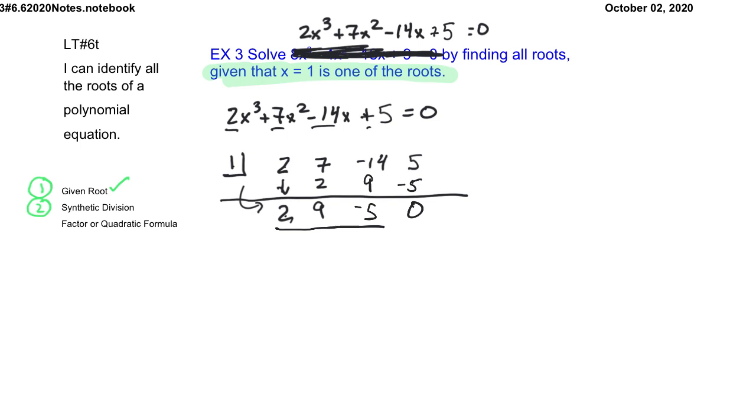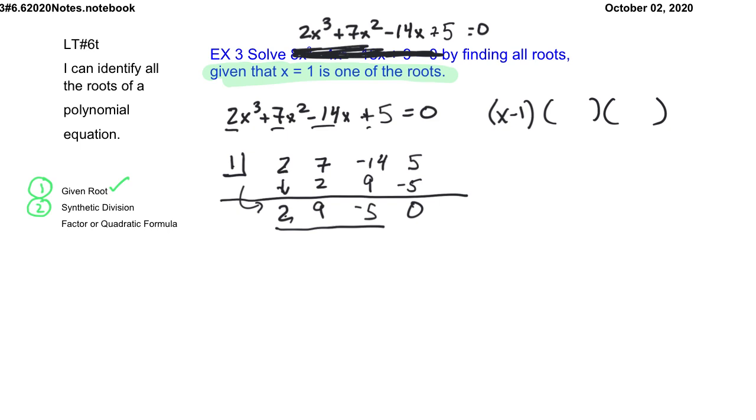Now, I already know that one of my answers is 1. So I already know that this polynomial factors into x minus 1. I'm trying to find the other 2 factors.